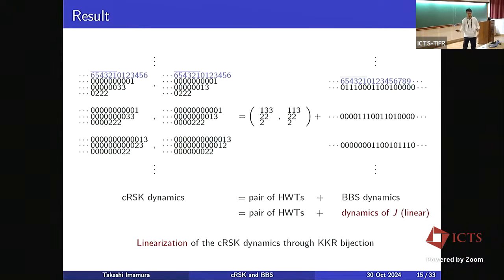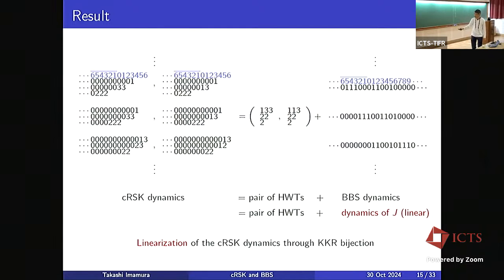Now I want to state our main result. The main result is as follows. This is the column RSK dynamics. The column RSK dynamics can be decomposed into 2 parts. The first part is a pair of HWTs, and the second part is a BBS dynamics.